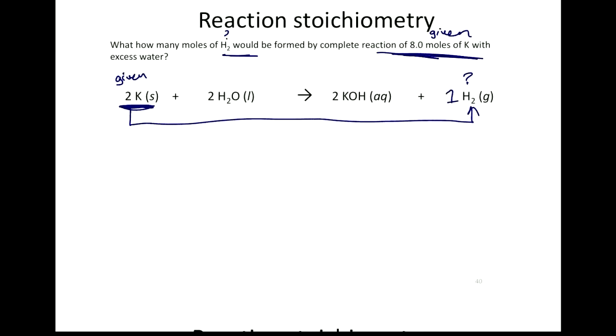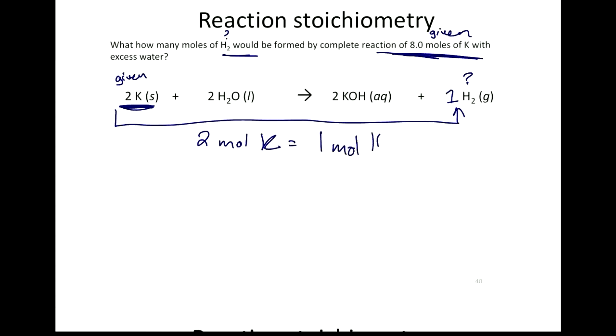Once we're in the unit of moles, we can use these 2 coefficients to make an equality: 2 moles of potassium equals 1 mole of hydrogen gas. Those numbers come from the coefficients. That will help us build the equality that we need to get where we want to go.